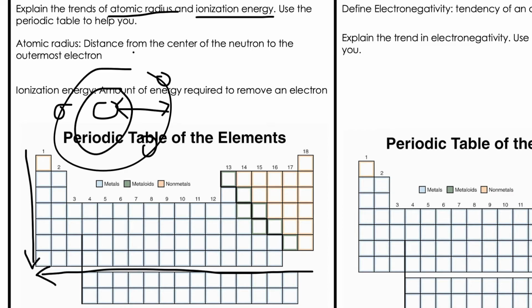So they will have a shorter distance. Compared to the first group, they only have literally one electron in the outermost shell. That means they have fewer protons, so the electrons will be further away, increasing the atomic radius.